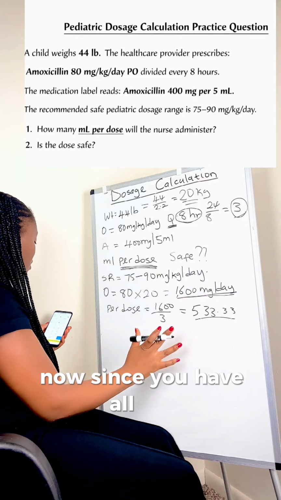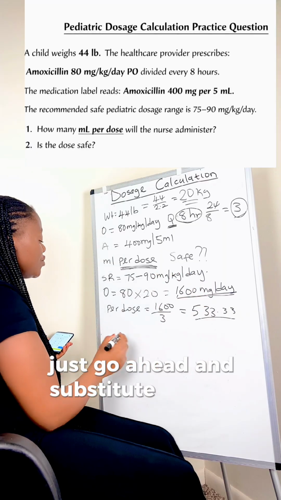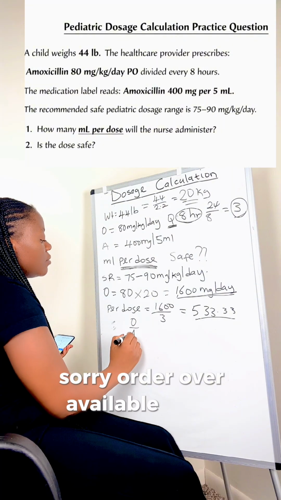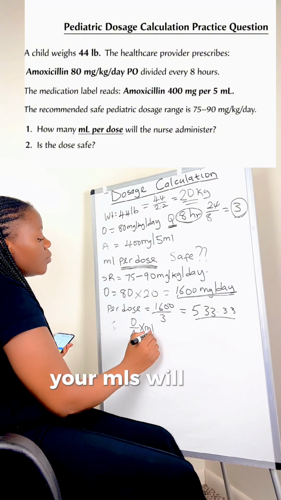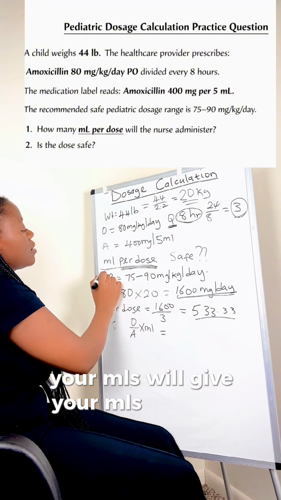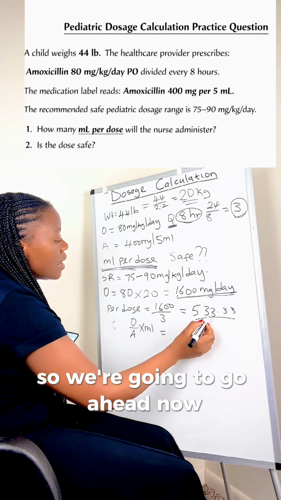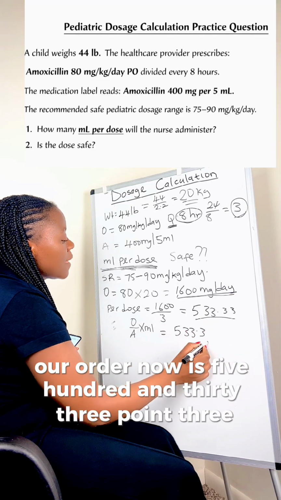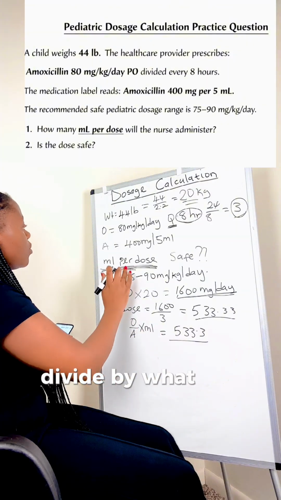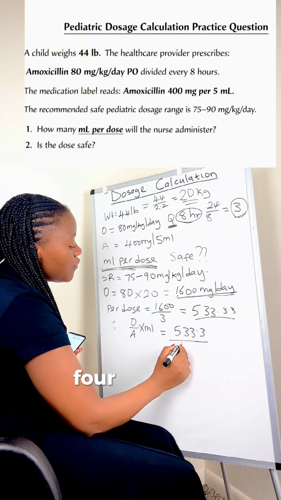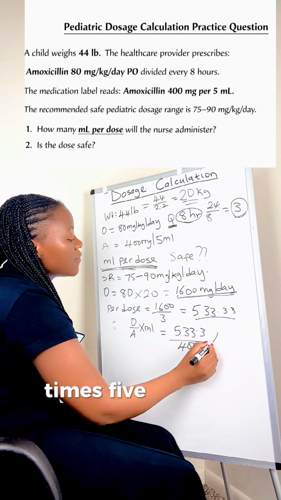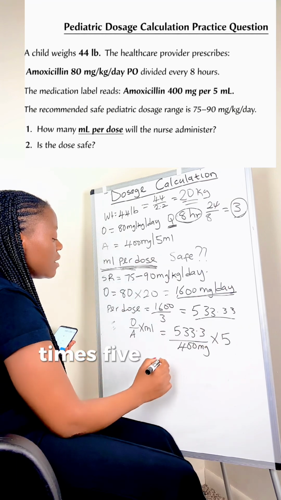Now, since you have all this, just go ahead and substitute in your formula. Order over available times your mLs will give your mLs per dose. So our order now is 533.3 divided by what was available, 400 milligrams, times 5 mLs.